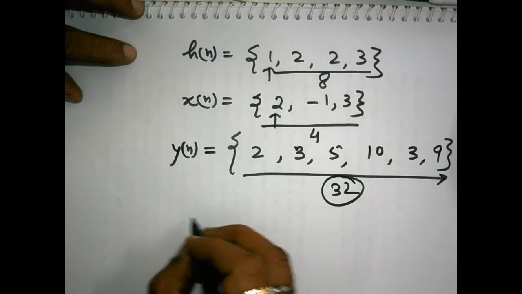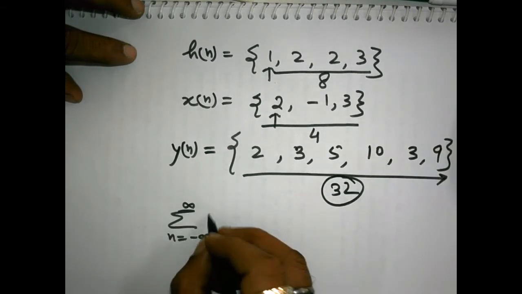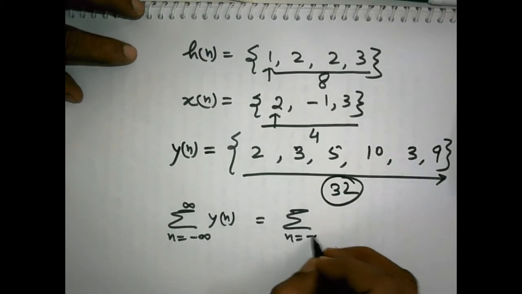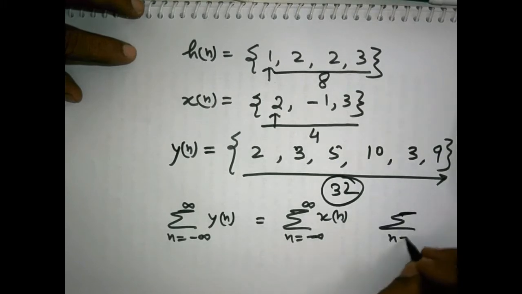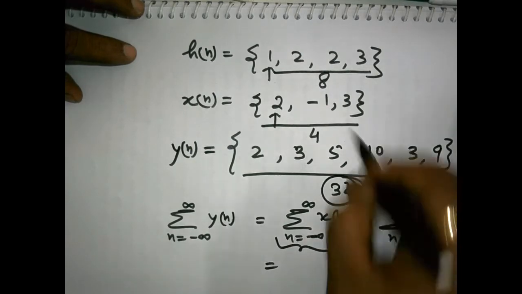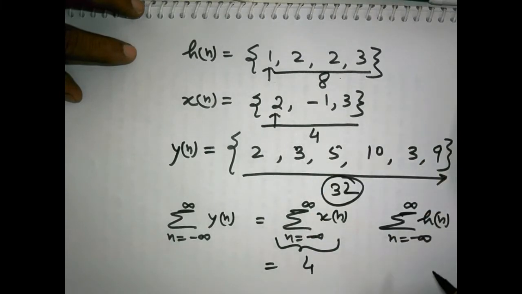That property says that you sum up all the values of y[n], all the values of x[n], and all the values of h[n], from minus infinity to infinity. What is the summed up value of x[n]? It is 4.